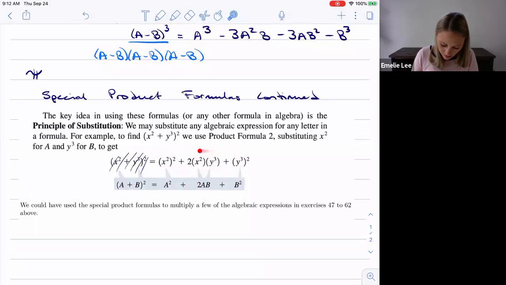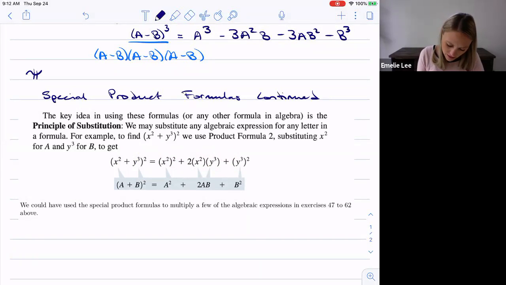So when we're moving from the right-hand side to the left-hand side, then we're factoring. If we're moving from the left-hand side to the right-hand side, then we're expanding. So expanding is a little bit simpler, I think. But if you like factoring, then that's great. That's really good, but it can be a little bit tricky.